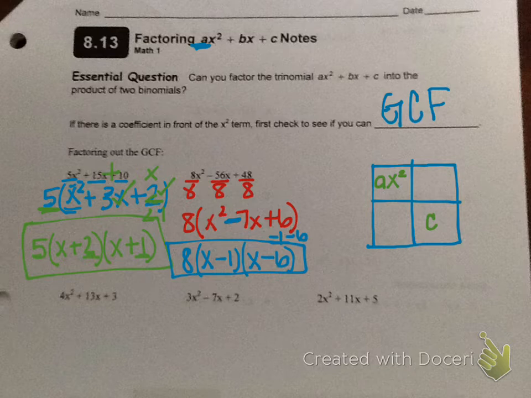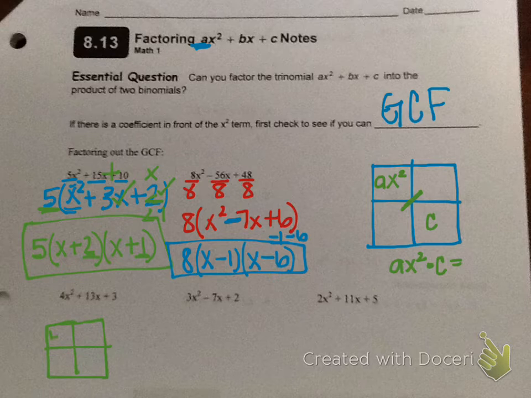And then we have to find what goes into these two boxes. To find what goes into those two boxes, we do ax squared times c and find out what that equals. So if we're looking at this first one, that is 4x squared plus 13x plus 3.